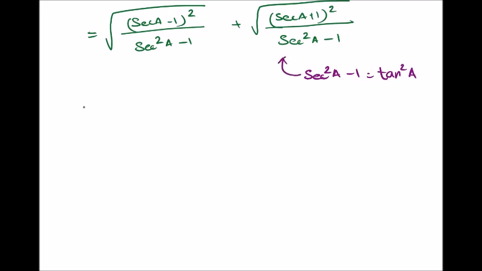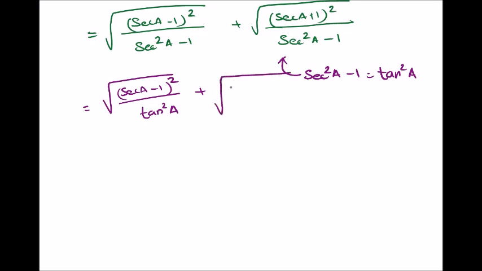We will get square root of (sec A minus 1) the whole square divided by tan square A, plus square root of (sec A plus 1) the whole square divided by tan square A. Now here both numerator and denominator are squares in both the terms.